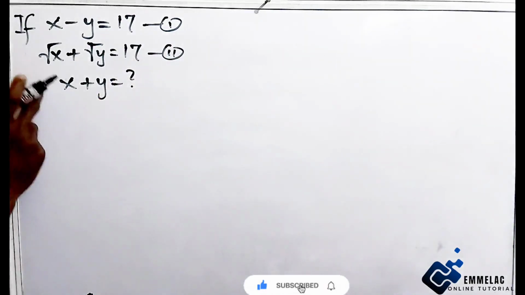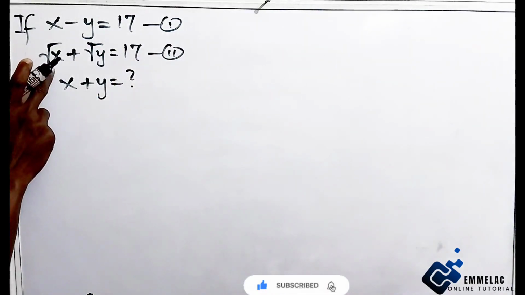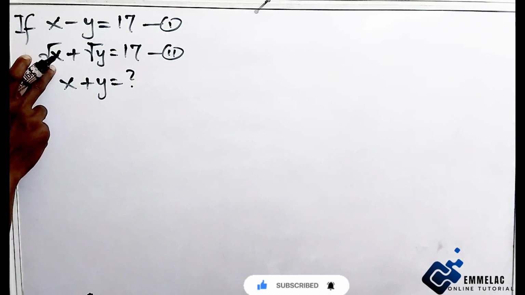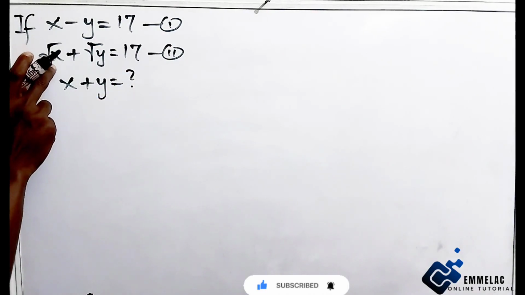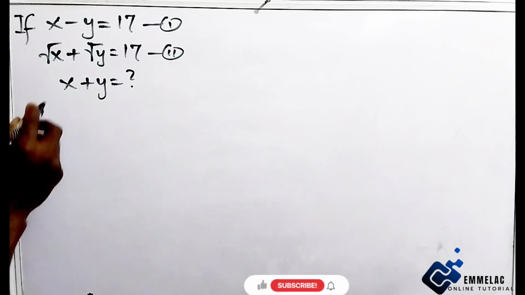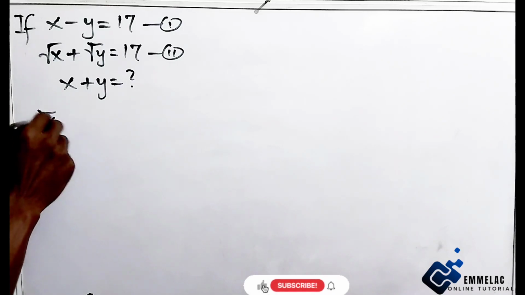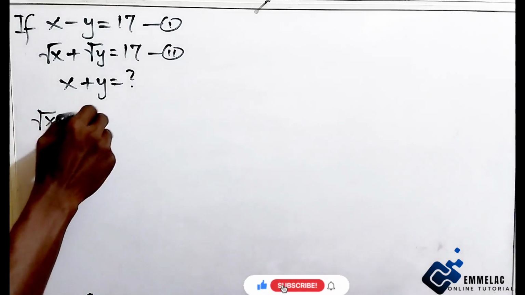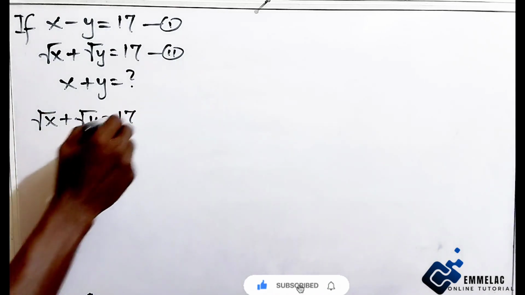From equation 2, let's make the square root of x the subject of the relation. So here we have the square root of x plus the square root of y equals 17.